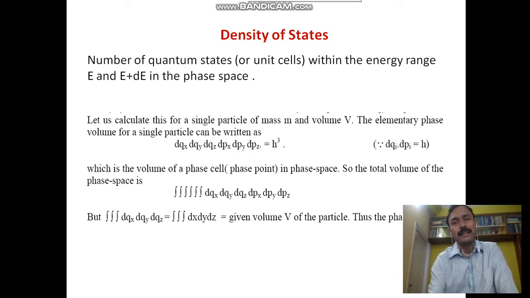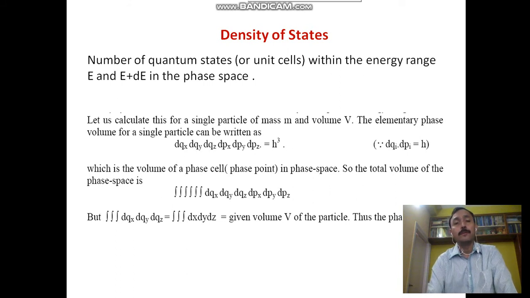So dqx dpx is h, dqy dpy is h, and dqz dpz is also h. So we are writing here h cubed, which is the volume of the phase cell or phase point in phase space.